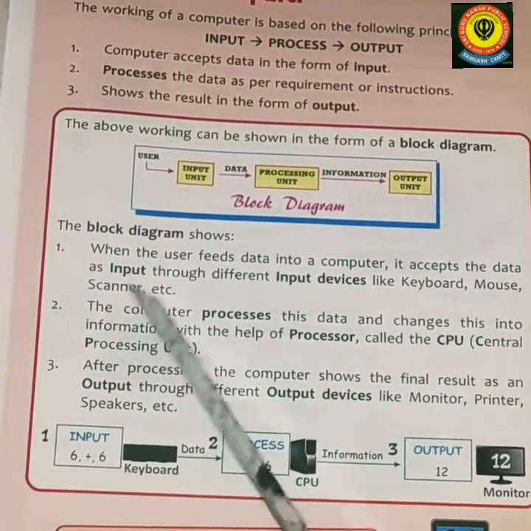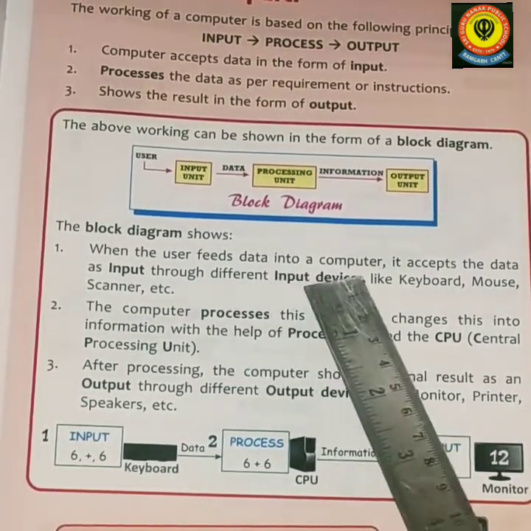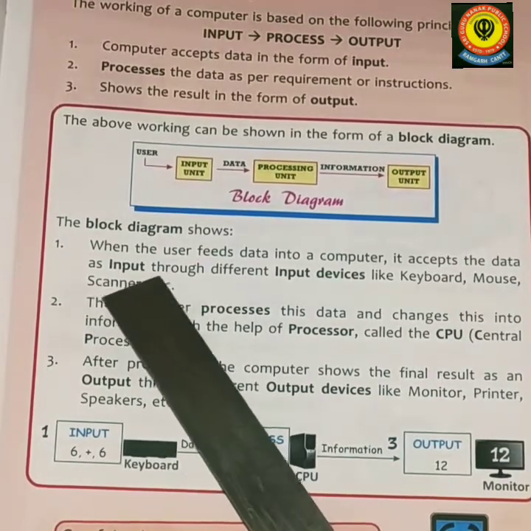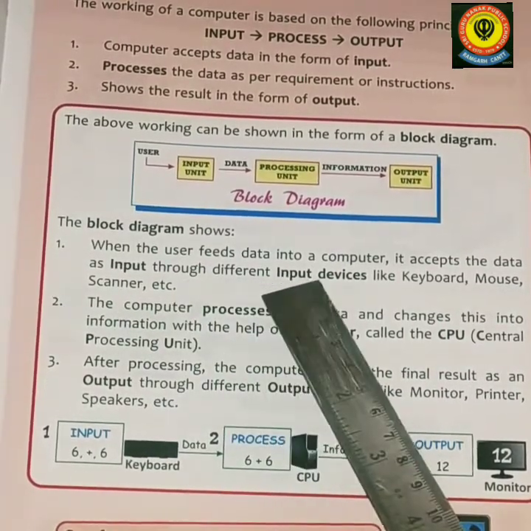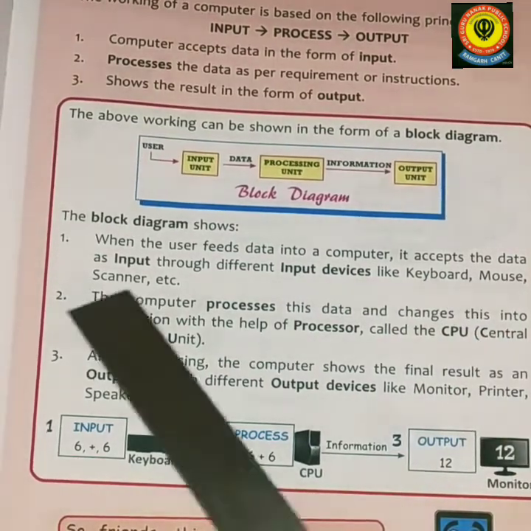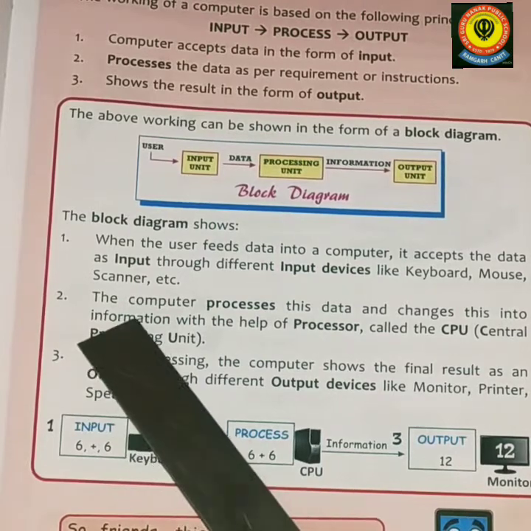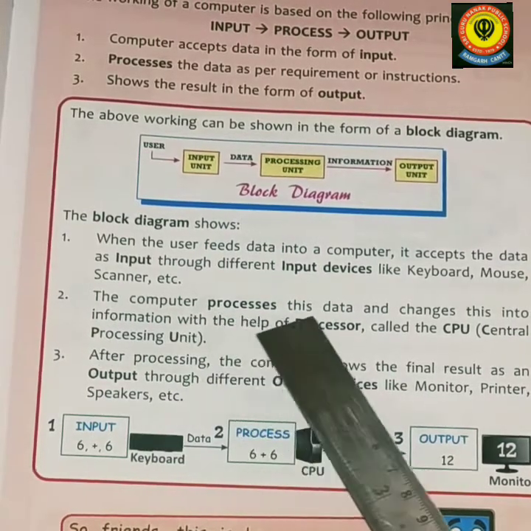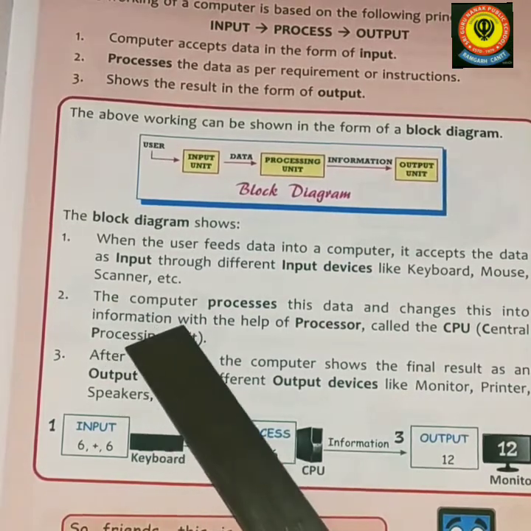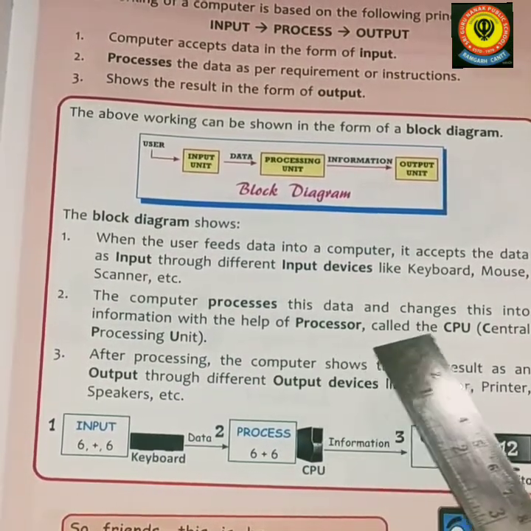Let's study more about this block diagram. When the user feeds the data into a computer, it accepts the data as input through different input devices. What are the input devices? Keyboard, mouse, scanner, etc. These are all input devices. Second, a computer processes this data and changes it into information with the help of the processor called CPU.